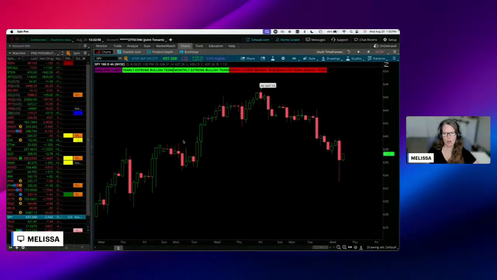Okay. So let's first figure out how to identify where the support is. On the chart, I took off all of my indicators. This is absolutely a blank screen just with candles. Okay. A candle, you have two different parts of a candle. The rectangle part here is what we call the body.